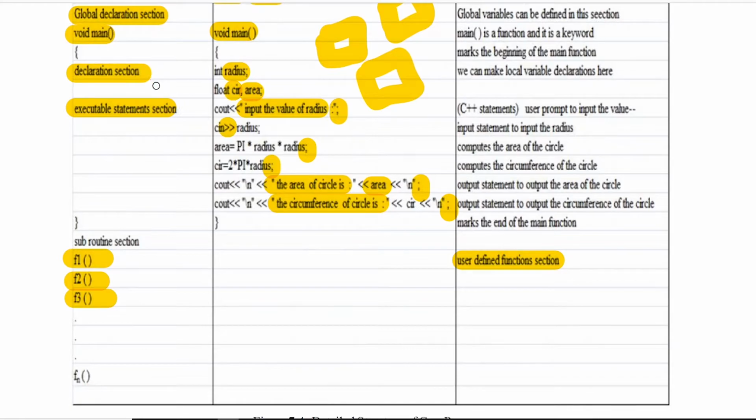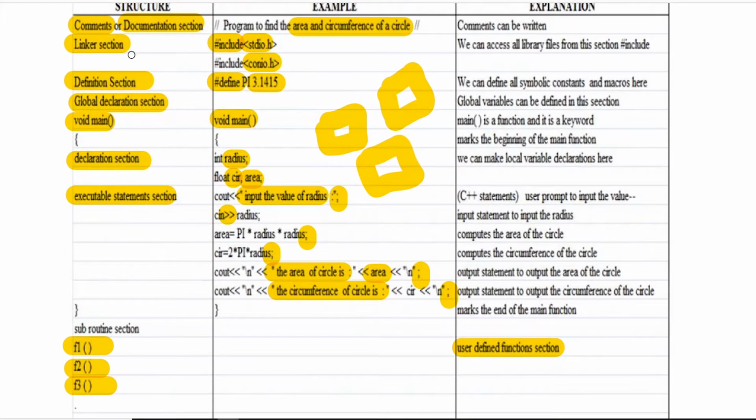This is the general structure of C++. First we have comments or documentation sections, which is optional, but we have to use the double slash. And then we have a linker section, and also we have a definition section. So global declaration sections. Then we start with the void main, declaration, and executable statements.